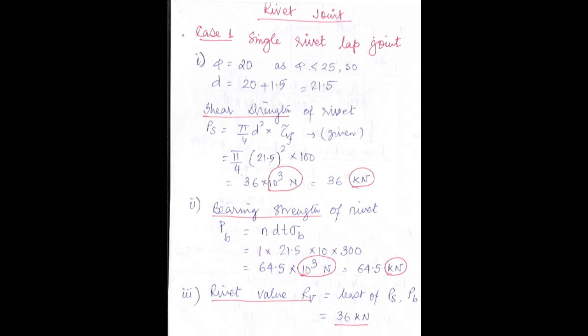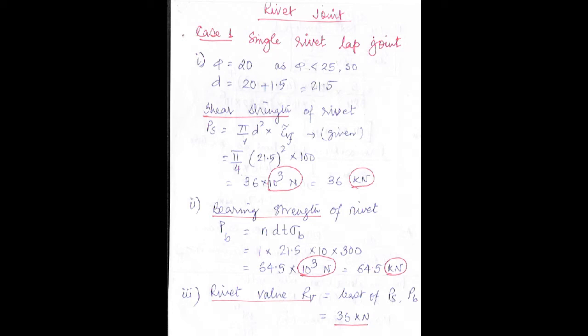Here both the plates are of 10 mm size, so it will be 10. What is sigma B? Sigma B is the allowable stress in bearing, that is given as 300 MPa. So put the value as 300. This comes out to be 64.5 into 10 cube Newton. Similarly, it will be 64.5 kilonewton.